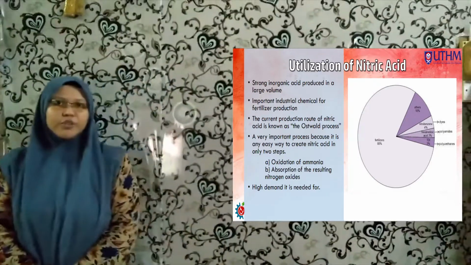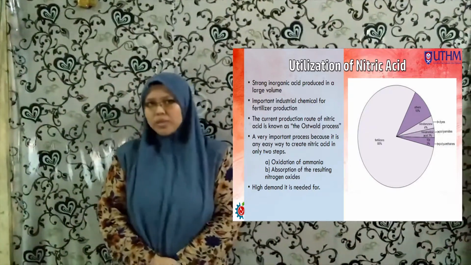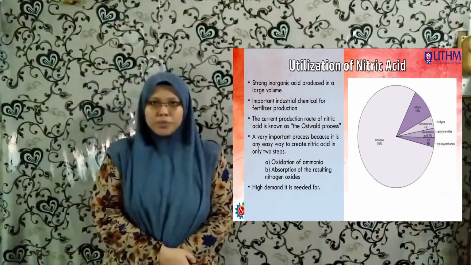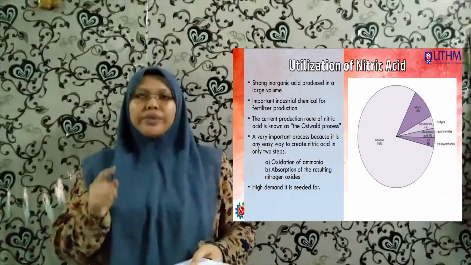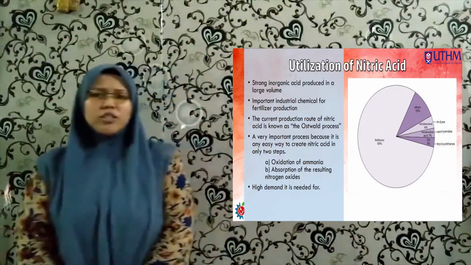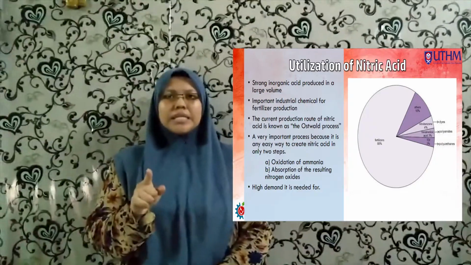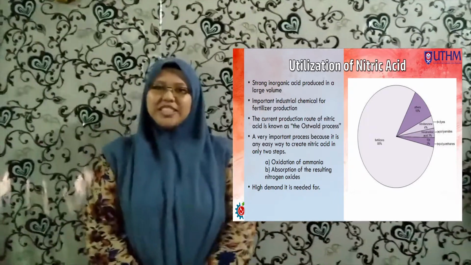The current production method of nitric acid is called the Ostwald process. The Ostwald process was and still is a very important process because it is the easiest way to create nitric acid, which takes only 2 steps. The first step is oxidation of ammonia, and the second step is absorption of the resulting nitrogen oxide.